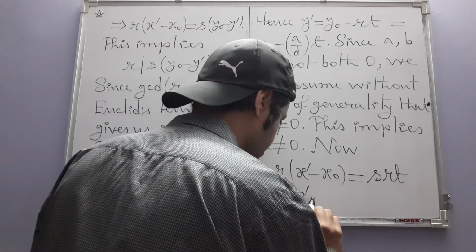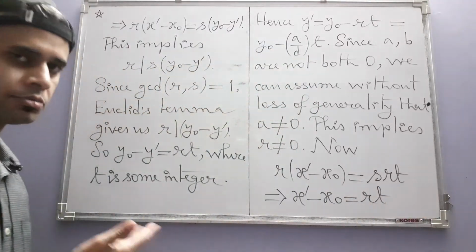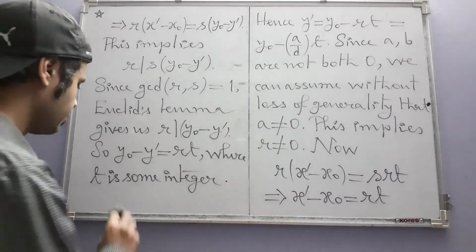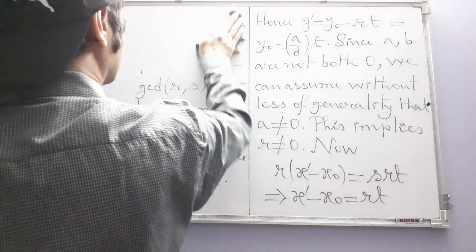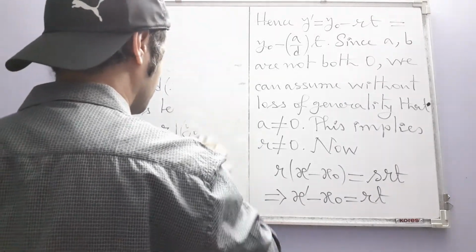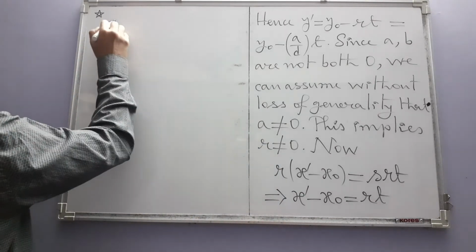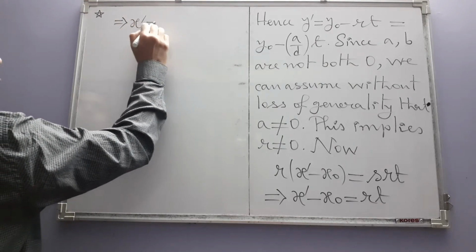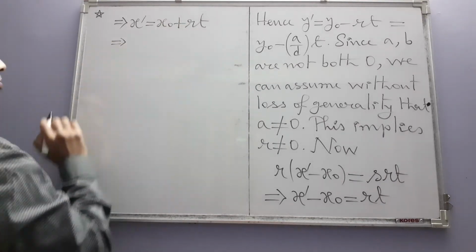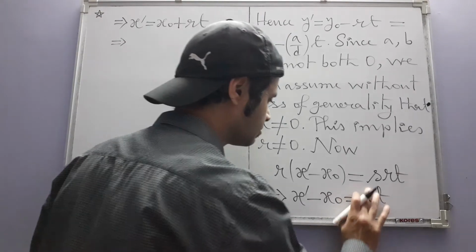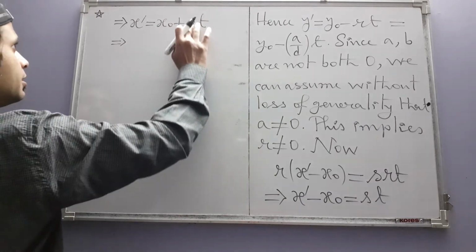So this implies x prime minus x naught is equal to st. And now, of course, you can see we are going to have the expression for x prime. So x prime is equal to x naught plus st. Oh, sorry. I said I cancelled r and I was again writing r. This is st.